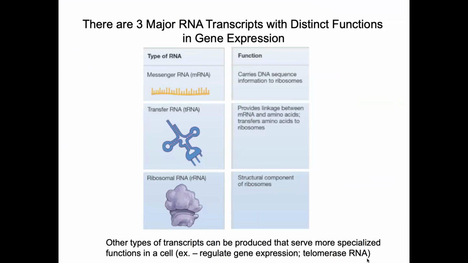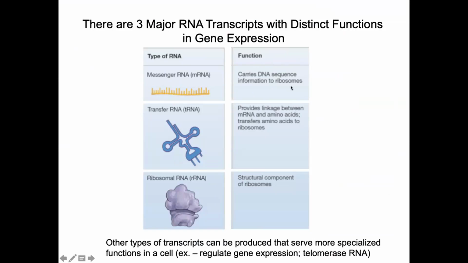As I said, each of these primary types of transcripts that you find in a living cell contributes different functions to protein production. We'll talk in a little more detail about each of these functions when we talk about the actual process of protein synthesis. But for now, what you can see here is that the function of an mRNA is to carry DNA sequence information to the ribosomes.